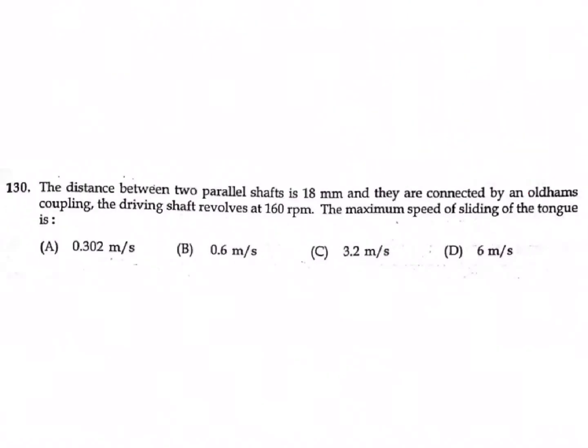The distance between two parallel shafts is 18 mm and they are connected by Oldham coupling. Driving shaft revolves at 160 rpm. The maximum speed of sliding of the tongue is how much? So sliding speed we have to calculate. V equal to r omega. Its rpm given, 2 pi 160 by 60. r is 18 mm, so 18 by 1000.